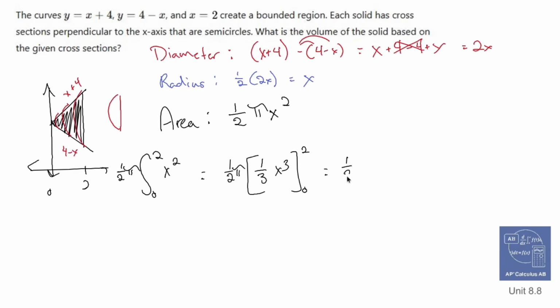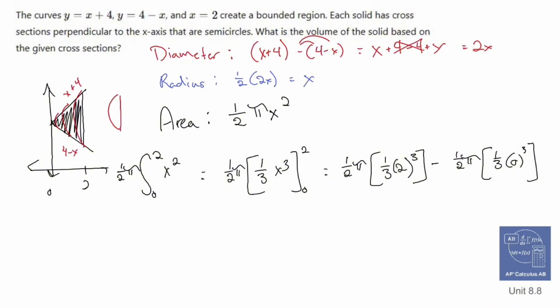So I'm going to do 1/2 pi times 1/3 2 cubed, close it, minus 1/2 pi times 1/3 0 cubed, close it.